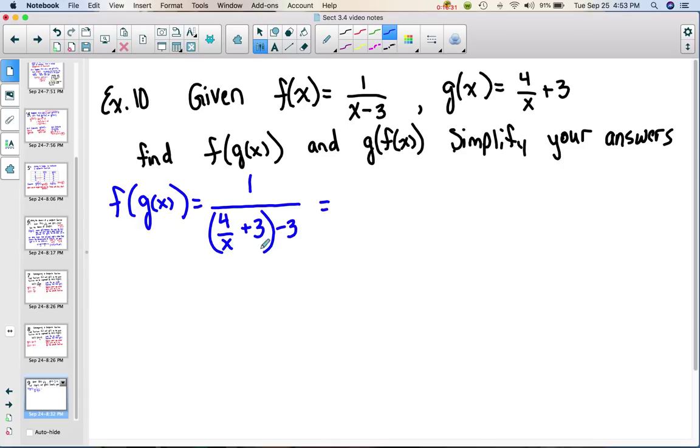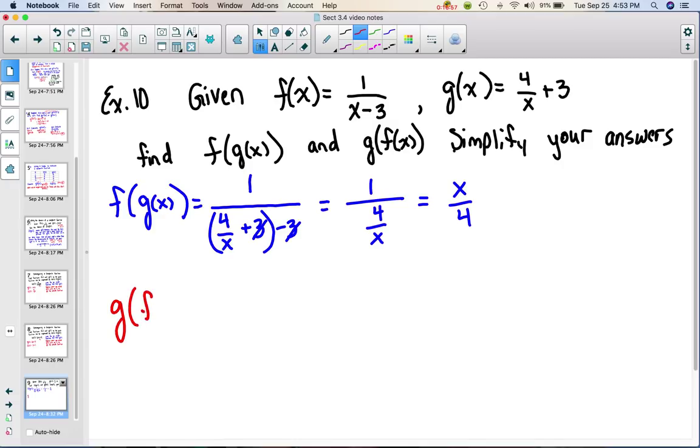Now the parentheses really aren't doing anything for me, so notice I have a plus 3 and a minus 3. Isn't that nice? So we get 1 over 4 over x, and hopefully you all remember, when you divide by a fraction, it is the same as multiplying by the reciprocal, so this becomes x over 4, and that is your simplified answer. Let's go the other way.